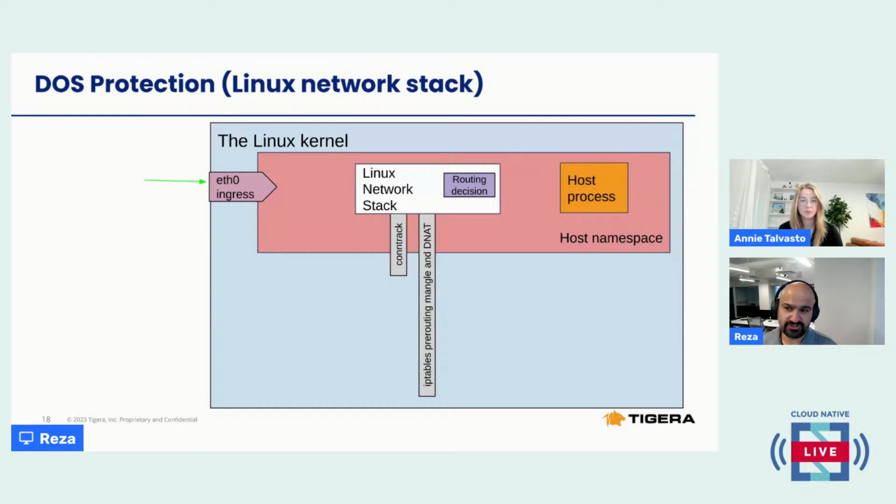Then they proceed to the Linux kernel and the Linux networking stack. At this stage, we can leverage the raw IP tables table to manipulate these packets and modify their behavior or destination.